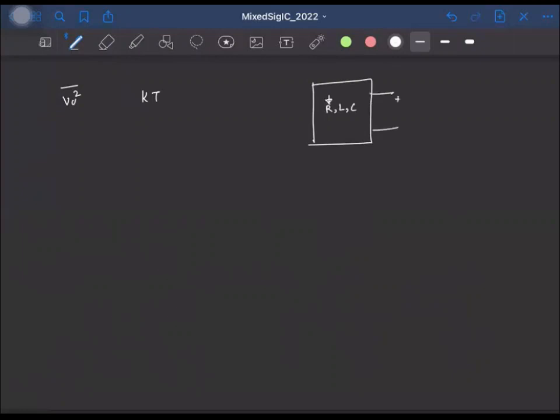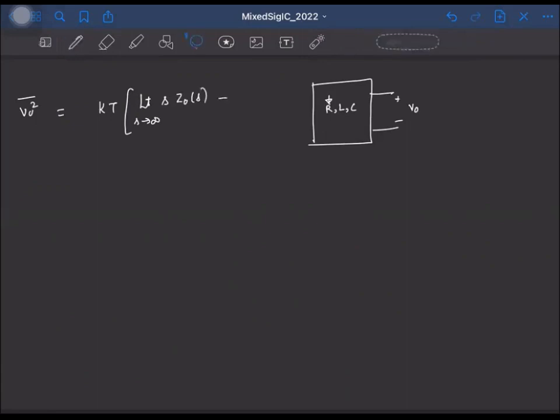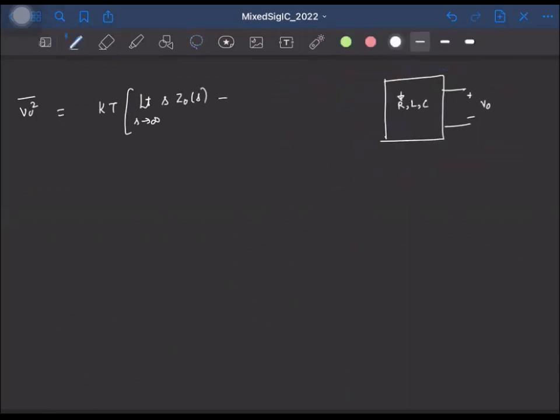So if you look at the mean squared value across any two nodes, that will be equal to kT times the limit s tends to infinity of s times Z0(s), minus the limit s tends to 0 of s times Z0(s). Okay, where Z0 is the impedance looking into this port.